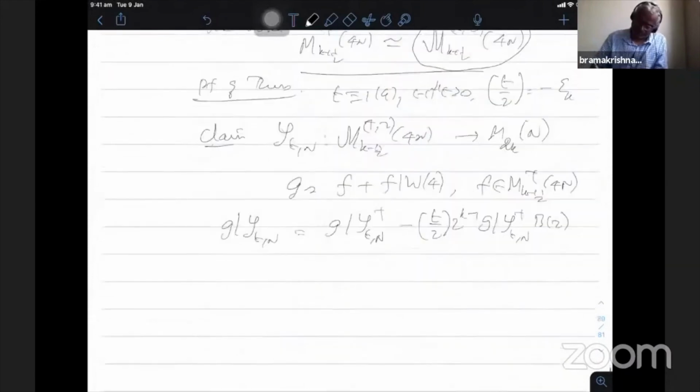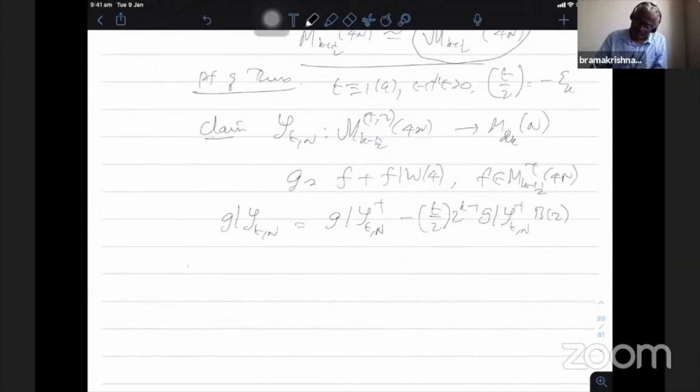This implies that it is f minus epsilon k 2^{-k} plus f bar U4. Am I right? Yeah, that's what I write.